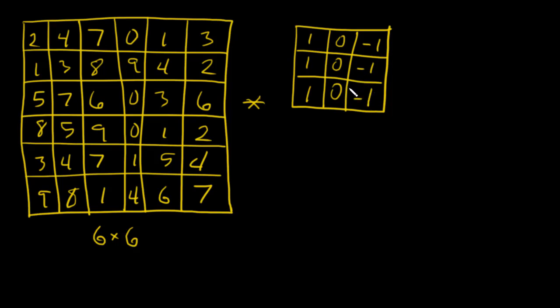Okay, so the way I'm going to convolve this 3x3 filter with my original image, the 6x6 image, is I'm going to overlay this filter on top of a grid of numbers over here in my image, and I'm going to multiply the values in my filter with the overlaid value in the corresponding pixel, and then I'm just going to add them all together.